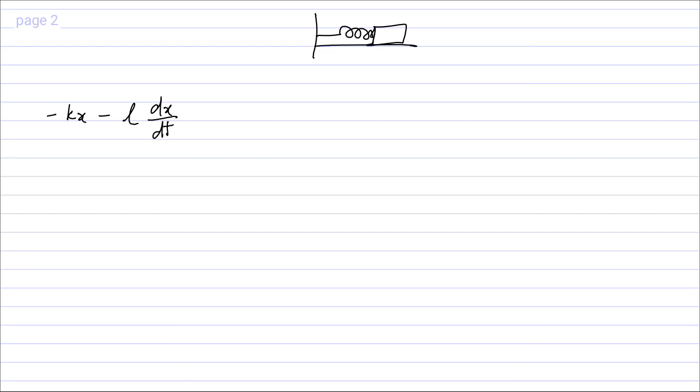This is the spring force, and this is the damping resistive force proportional to the velocity of the block. But now on top of this you are also applying some kind of periodic force onto this block. So you are pushing this block periodically, and of course that push can be a function of time.